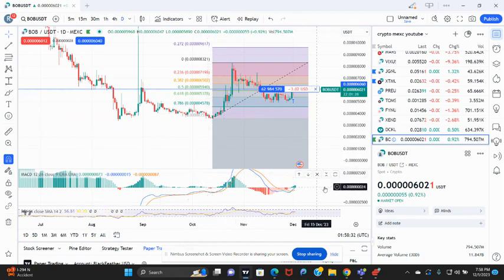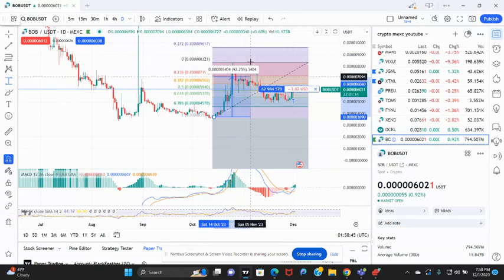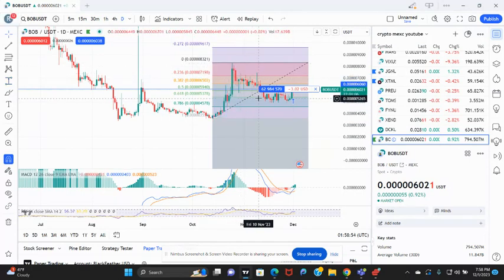You can see it crossed that MACD on October 14th, and you can see it went from this level. So I'll just put it right there, October 14th, and it came all the way up here at the very peak. It was about 100%, 100+% if you look at the wick.